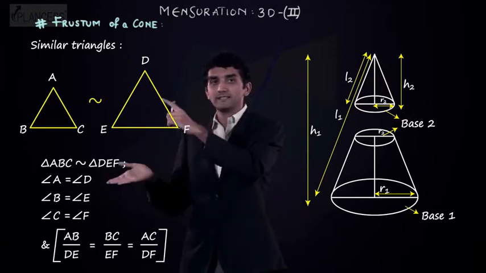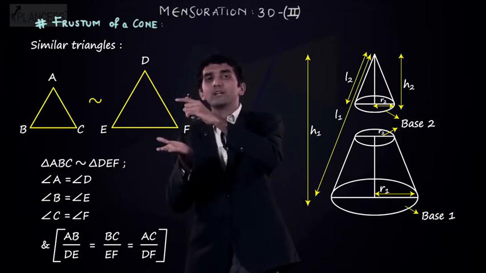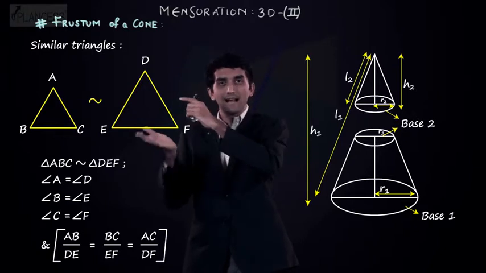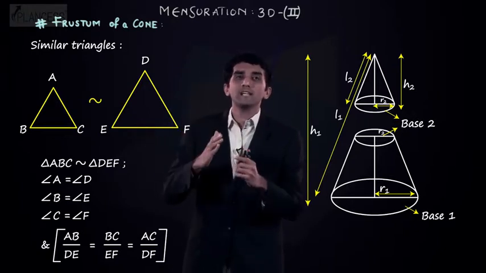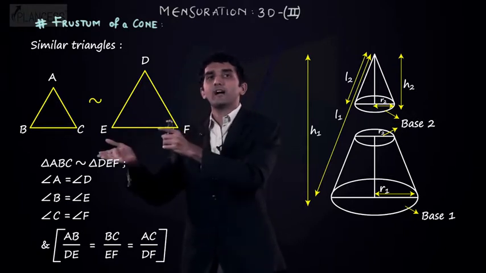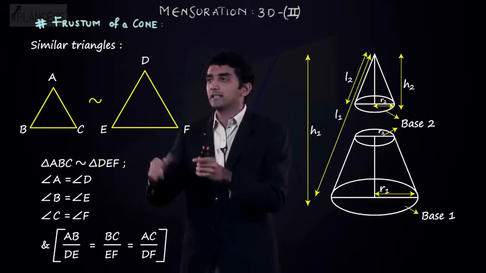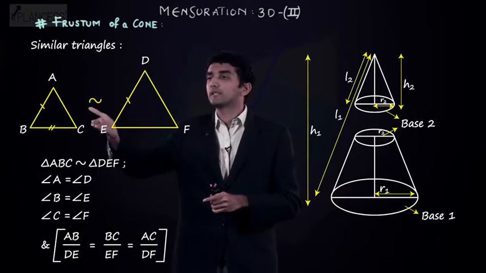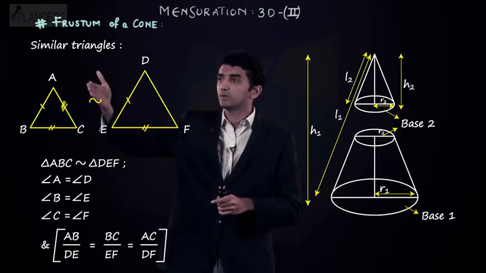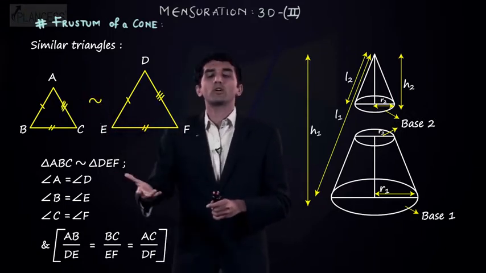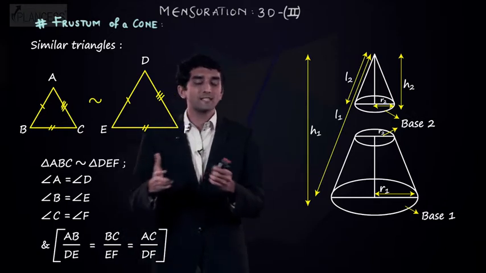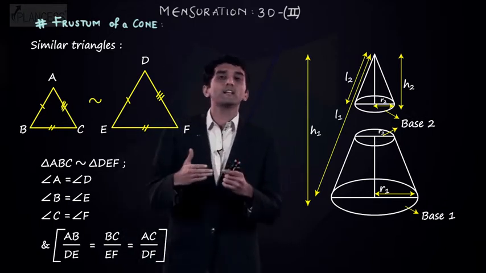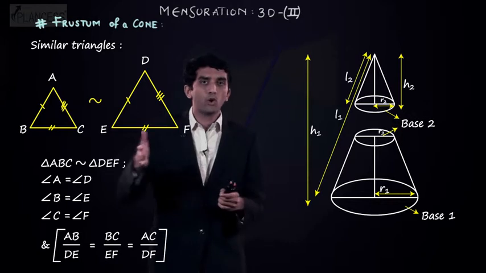So this side upon the corresponding side of the other triangle, that ratio has the same ratio as the other side maintains. So basically this upon this is equal to this upon this is equal to this upon this. That is what is happening. The corresponding sides of these two triangles maintain a ratio which is equal for all the three pairs.